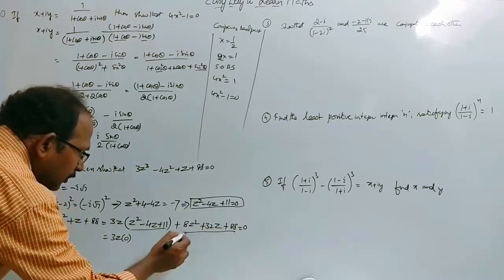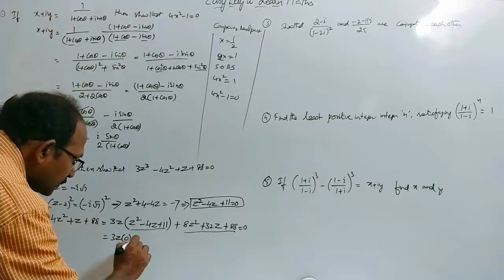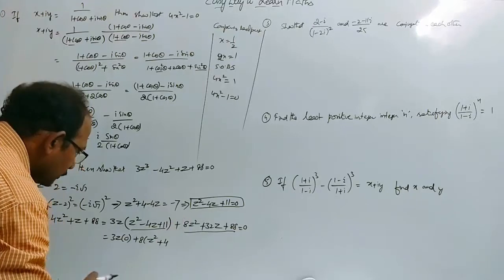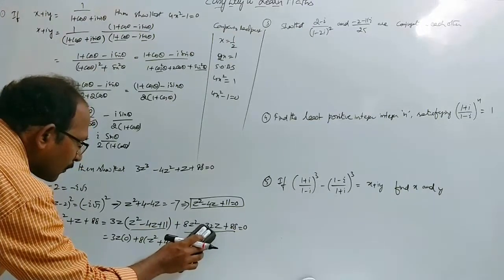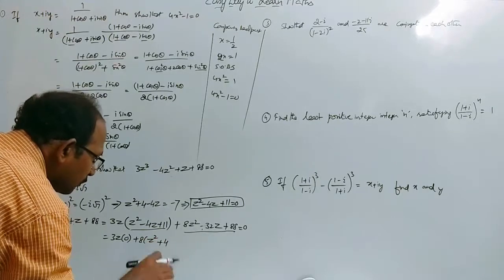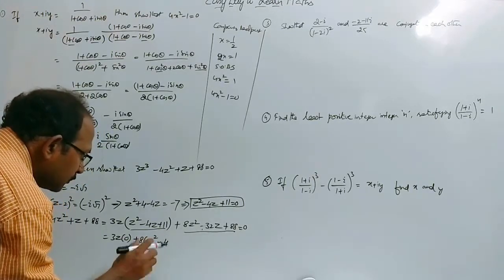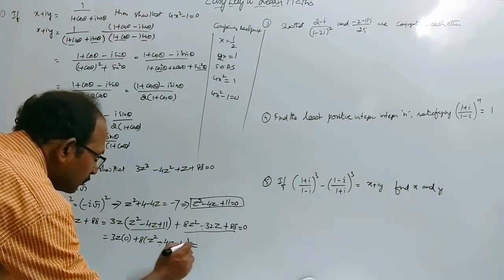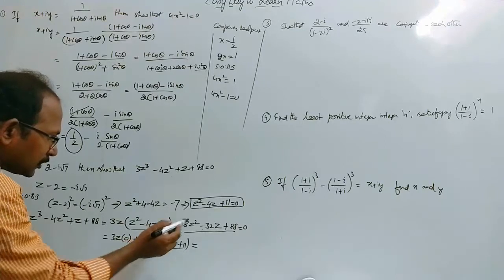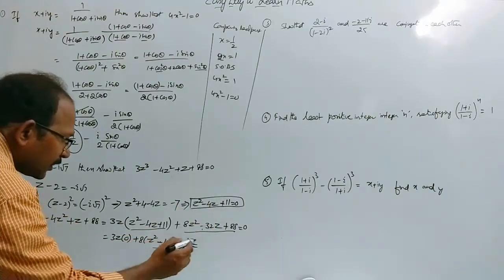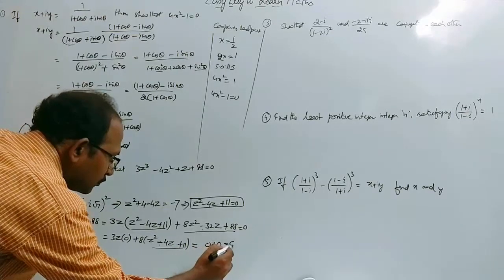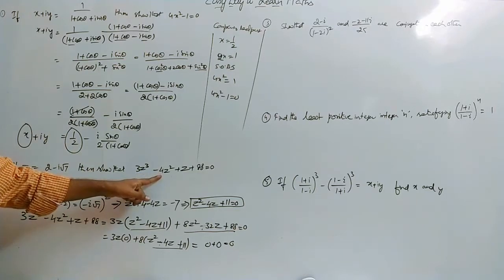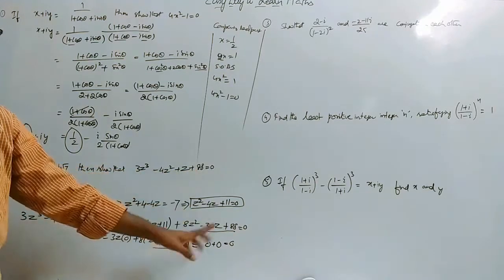Now, take 8 common from these three values, plus 8 into (z square minus 32z minus 4z, therefore minus 4z plus 11), which is nothing but z square minus 4z plus 11, therefore it becomes 0. 0 plus 0 is equal to 0. Therefore the value of 3z cubed minus 4z square plus z plus 88 becomes 0.